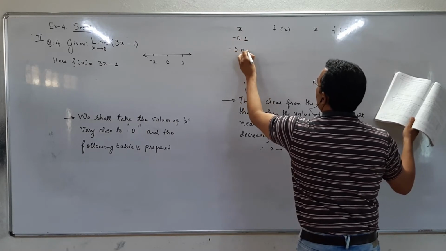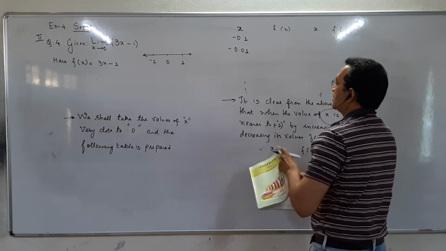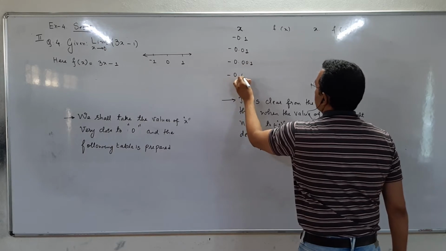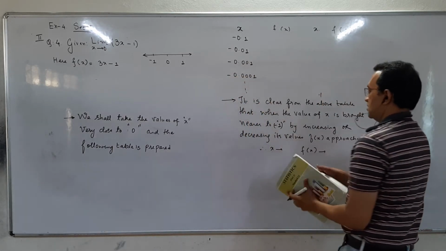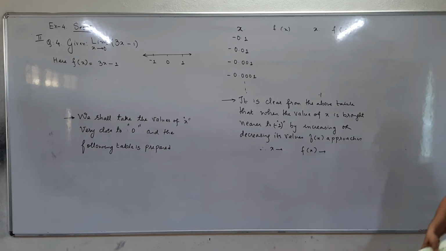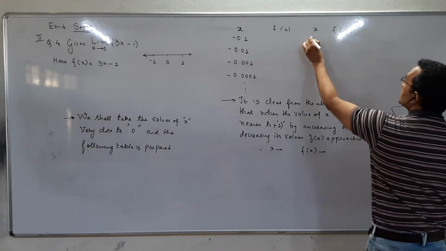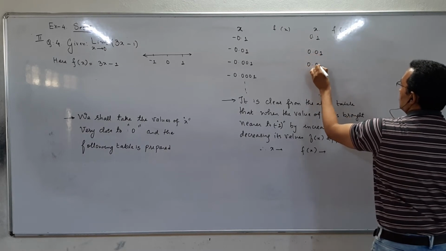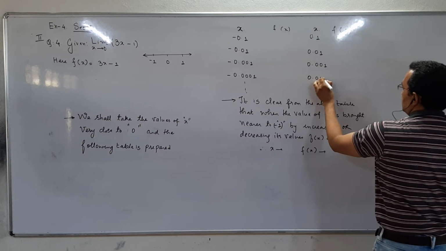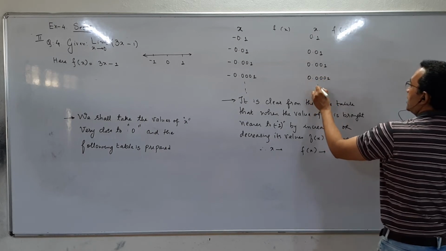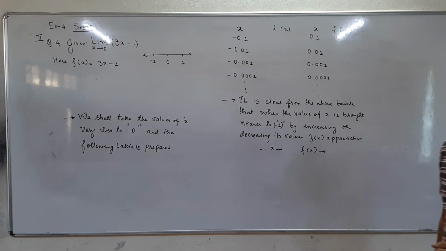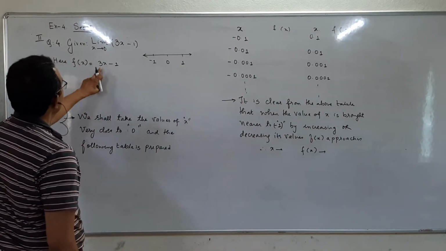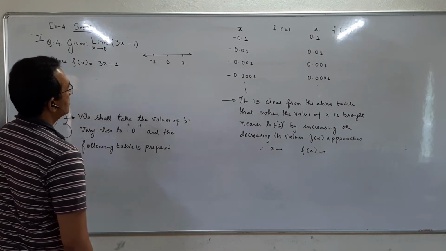Then minus 0.01, then minus 0.001, and then minus 0.0001. And if I shift 0.1 to the right, it will be plus 0.1, then 0.01, 0.001, and 0.0001, and onwards.